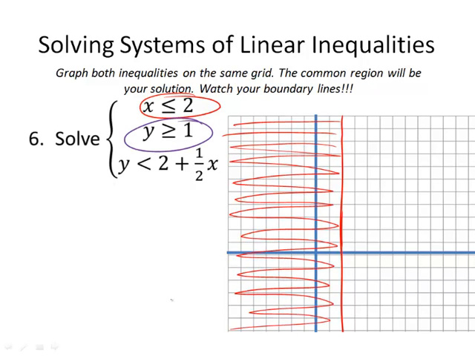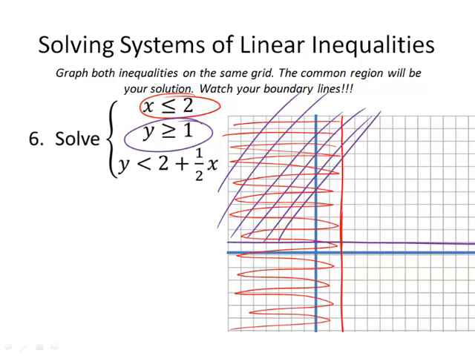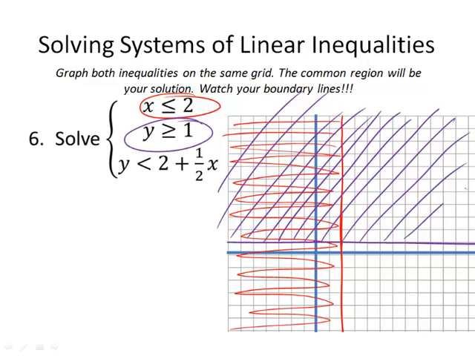We have y greater than or equal to 1. So y at 1 is right here, and it's also equal to. So we want to shade in everything that's greater than or equal to that line. So far we've got this part that's overlap.